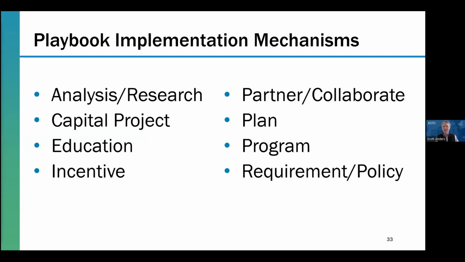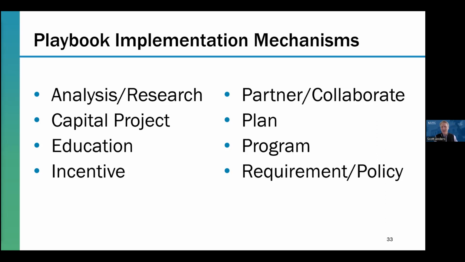I wanted to just provide some context to the matrix and tables that went out before the workshop. One of the things we've done is to organize those actions into what we call implementation mechanisms. In other words, this is the how. The action is the what, the mechanism is the how.